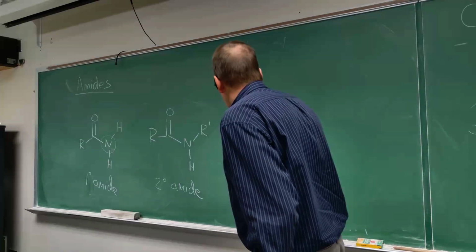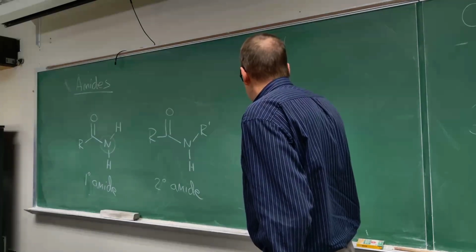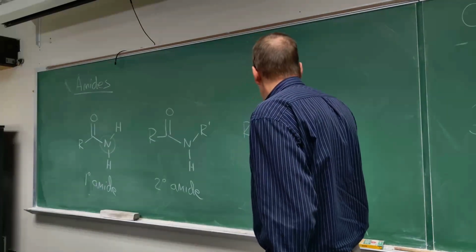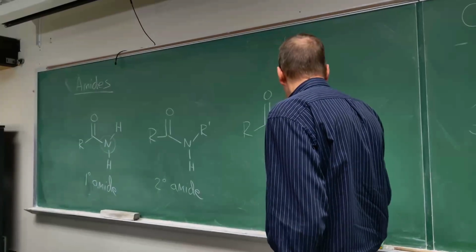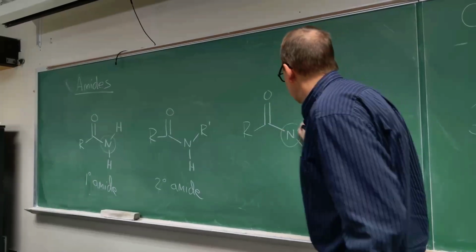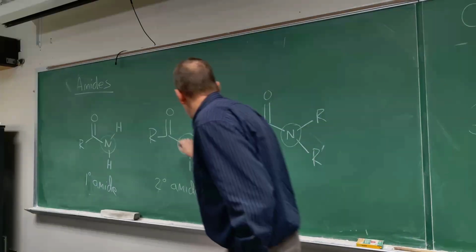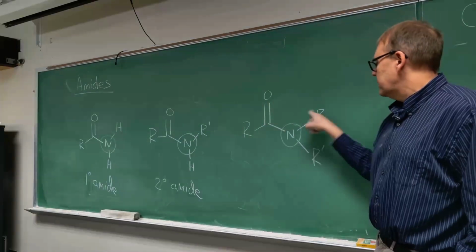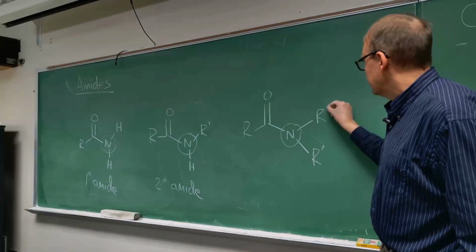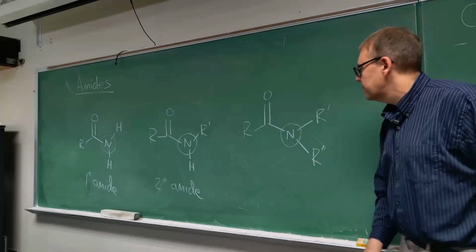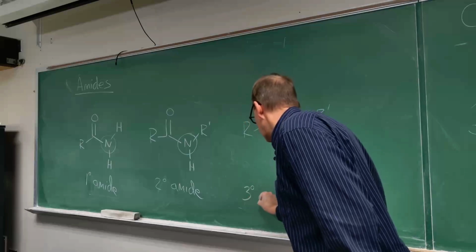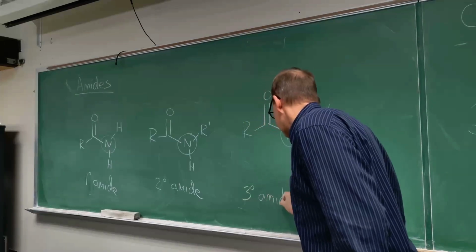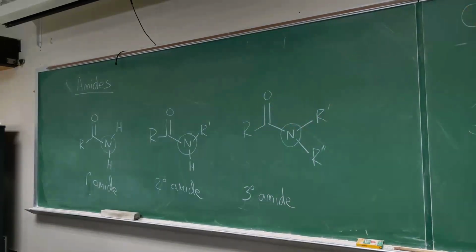And then there's a final way you can have an amide, where there are two R groups, or I should say, if you count the carbonyl, there's three carbon groups on the nitrogen: the carbonyl, and two additional potentially different R groups. So this is, as you might imagine, having three carbon groups, a tertiary amide. And so those are all just general classes of amides.